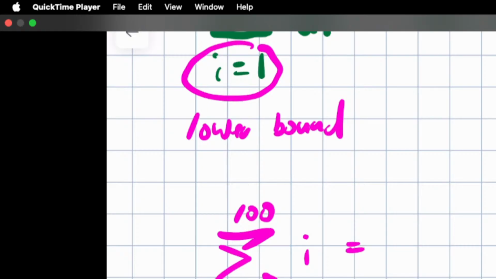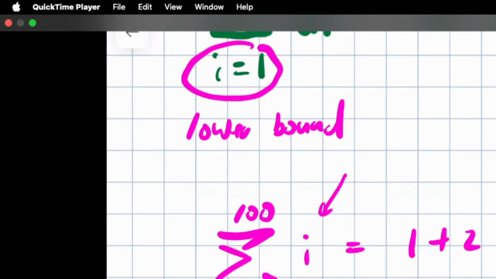So this just means 1 plus 2 plus 3 dot dot dot plus 98 plus 99 plus 100, all the way to stop at 100, because your upper bound stops at 100 and your lower bound starts at 1. You just plug in the i. The i stands for integers, so it does not have fractions, it does not have 1.1 or 1.2, it's just 1, 2, 3, 4, and you plug in the i. Now if it's i squared, then it's going to be 1 squared plus 2 squared plus 3 squared plus 4 squared all the way to 100.